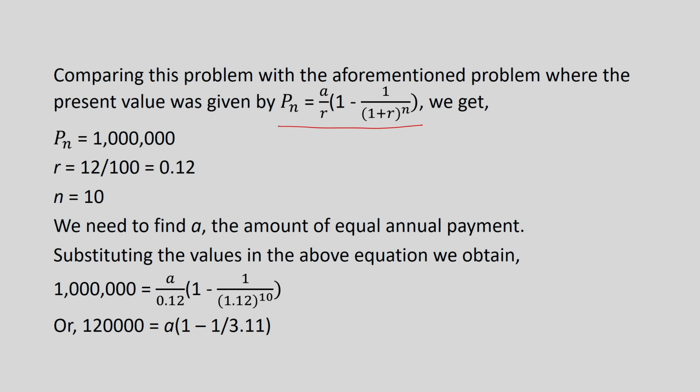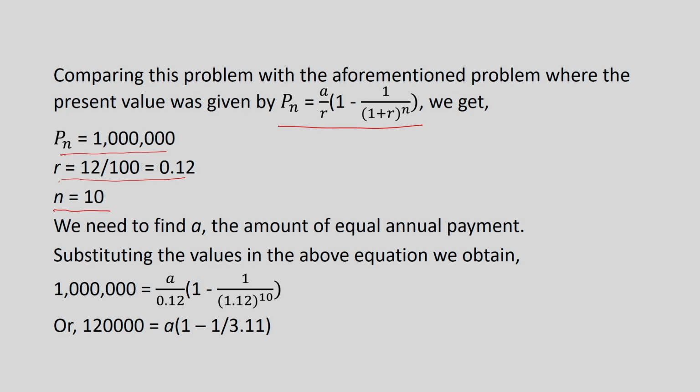Now, in this formula what we know is Pn, which is 1 million rupees. We know the rate of interest, which is 12%, that is 0.12. How many periods over which the payments will have to be done? It is n is equal to 10.